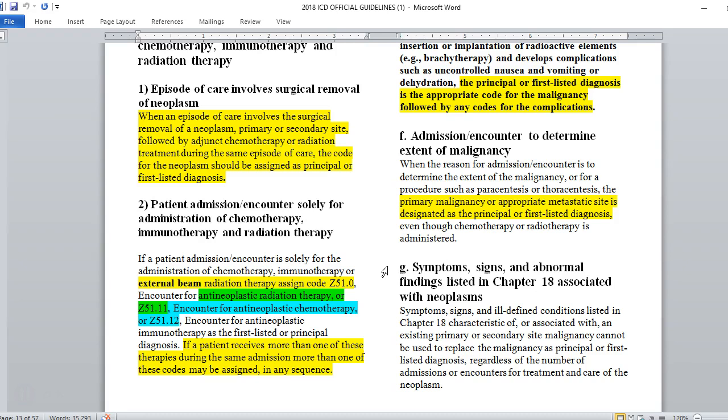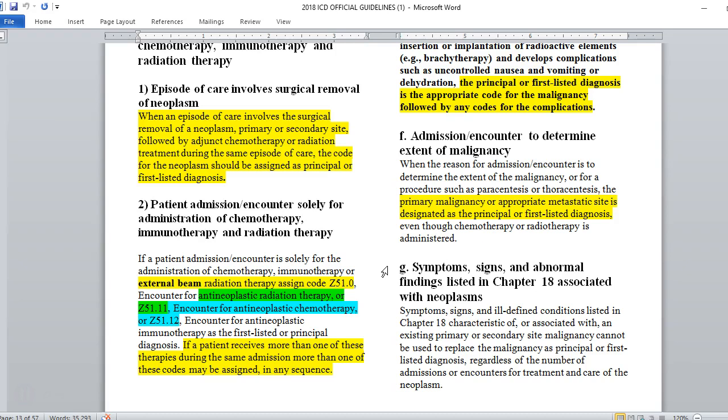Now, for number 2, if a patient's encounter is solely for the administration of chemotherapy, immunotherapy, or external beam radiation therapy, assign code Z51.0, encounter for antineoplastic radiation therapy, Z51.11, encounter for antineoplastic chemotherapy, or Z51.12, encounter for antineoplastic immunotherapy, as the first listed or principal diagnosis.